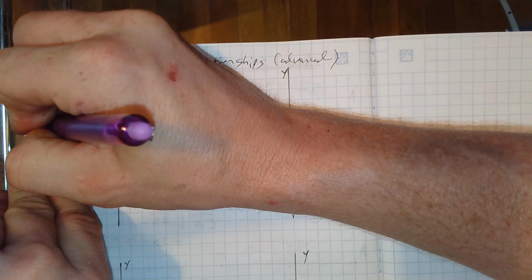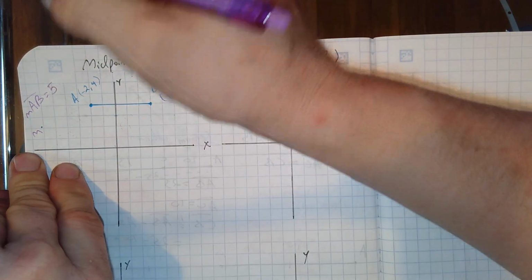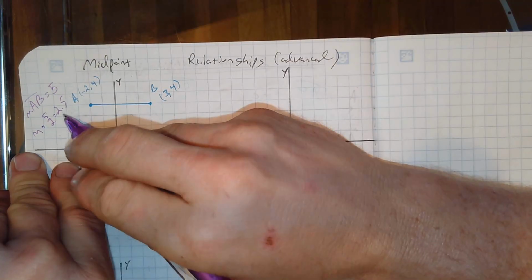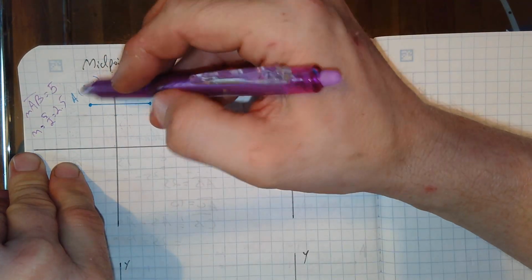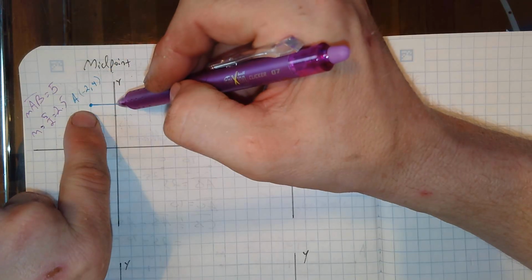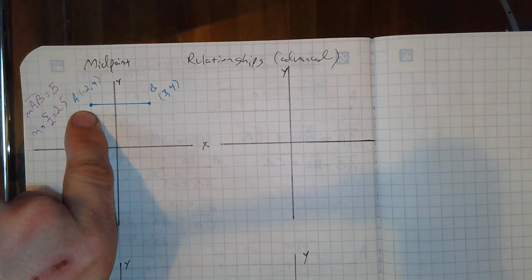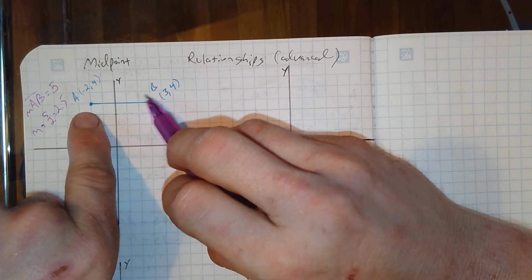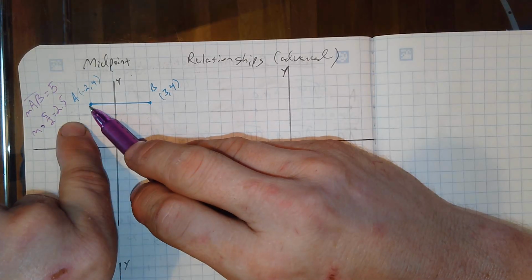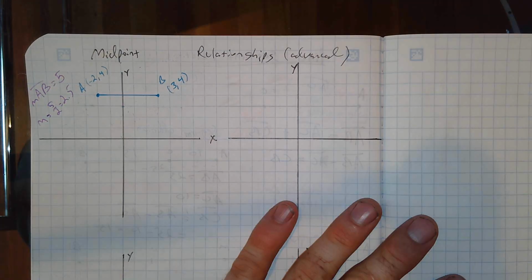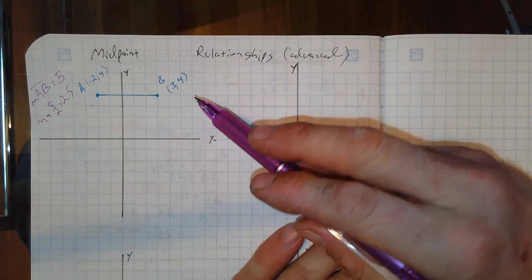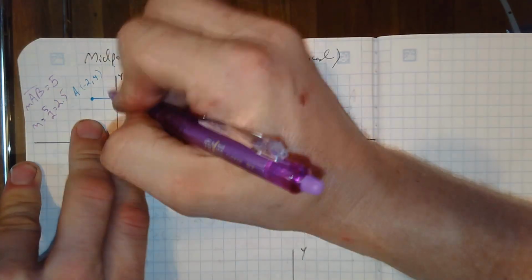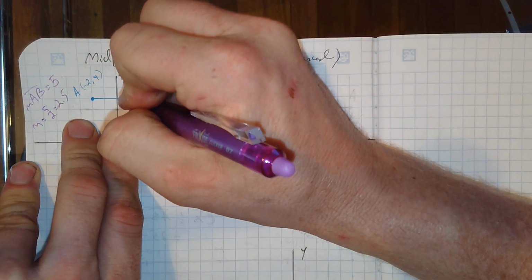So M is going to be at 5 divided by 2, which is 2.5, from A or B. So it's going to be 2.5 on this side of A and 2.5 on this side of B. The midpoint's 2.5 away from A and B, and it's got to be in between A and B because it's the midpoint, right?